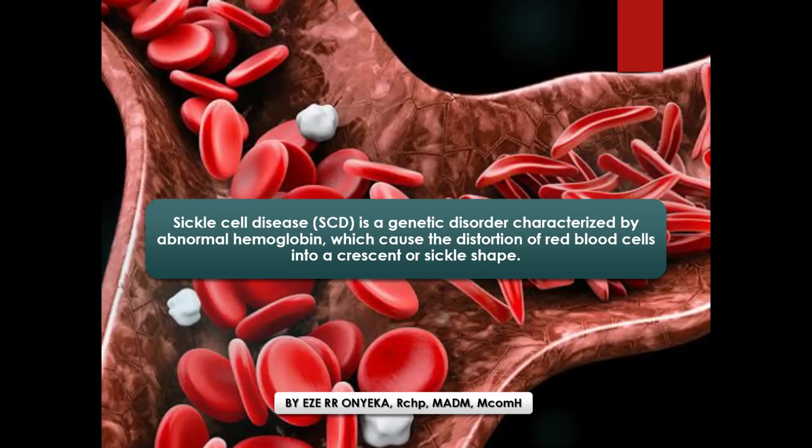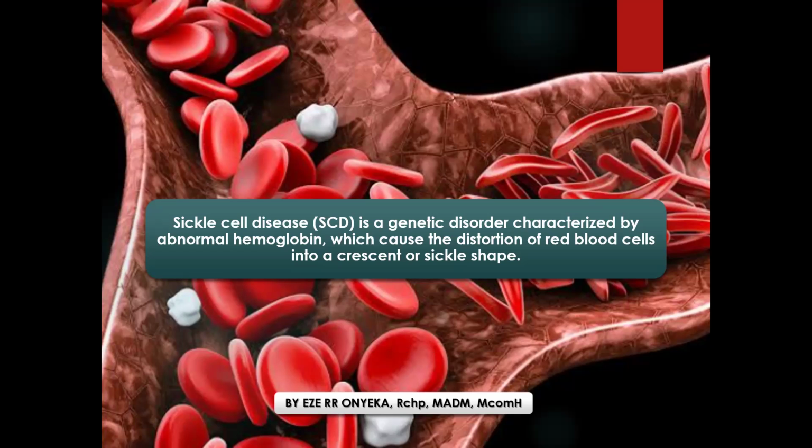So, what is hemoglobin? Hemoglobin is a very important protein that is found inside the red blood cell. This is the red blood cell. Its main job is to carry oxygen from the lungs to all parts of the body and return carbon dioxide from the body back to the lungs.